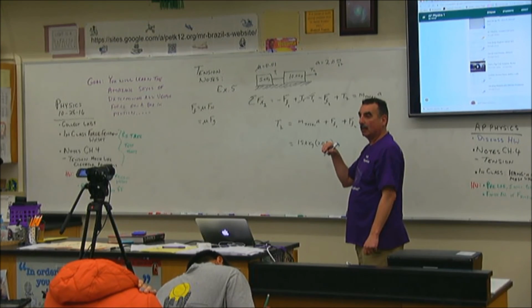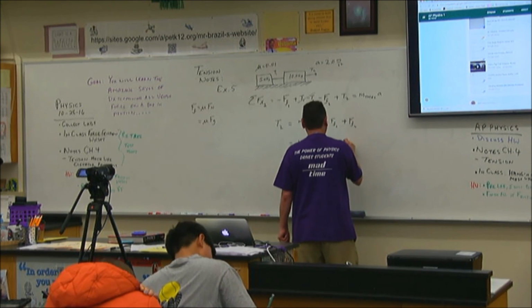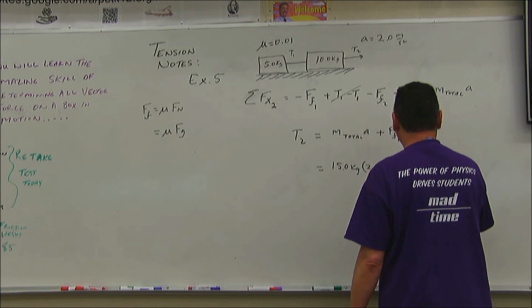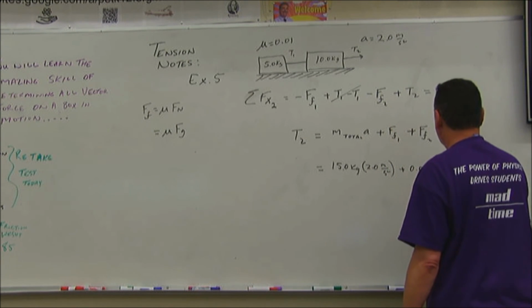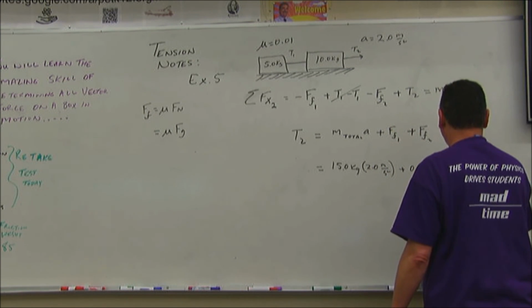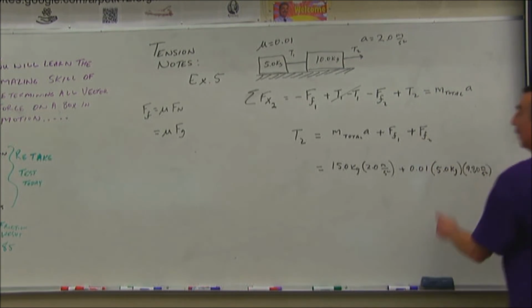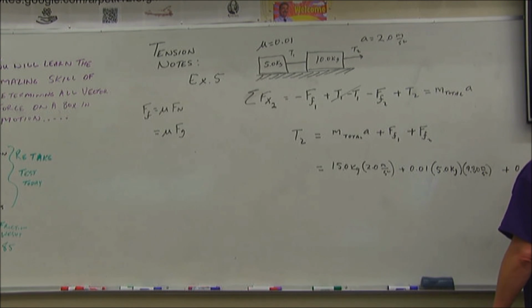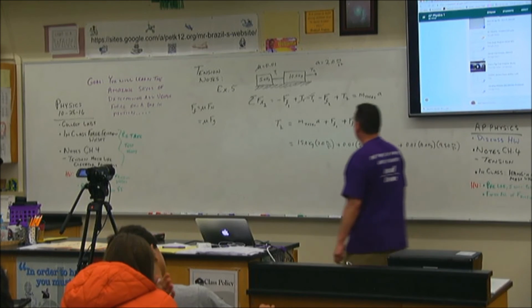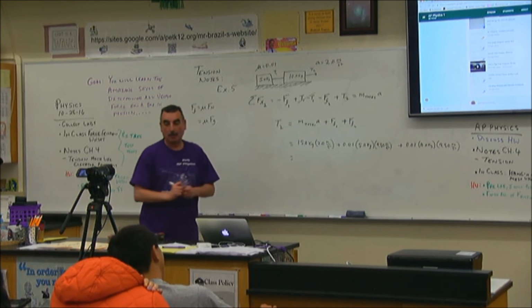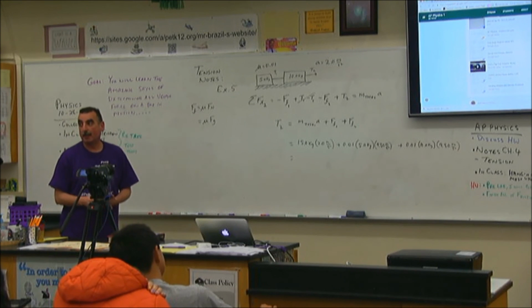Or I'll just write it all out. So this is 0.01 times 5 kilograms times 9.80 meters per second squared, plus 0.01 times 10 kilograms times 9.80 meters per second squared. We're good? You could have factored out a bunch of things that would have been a little easier.